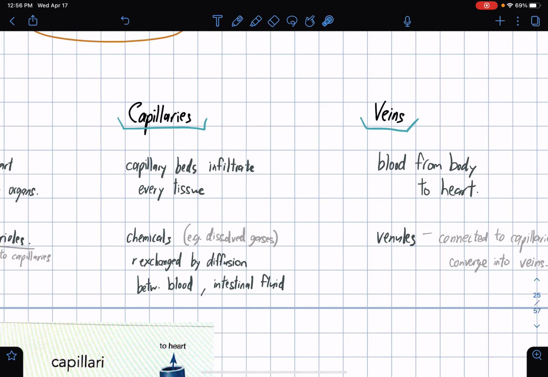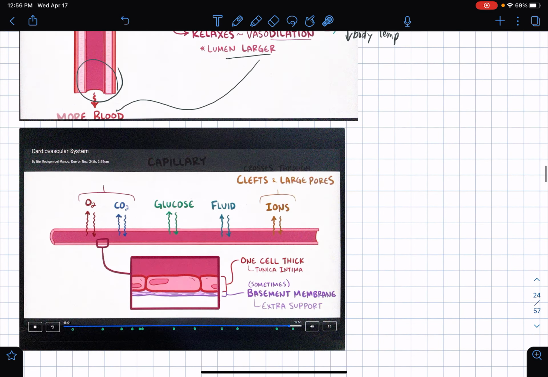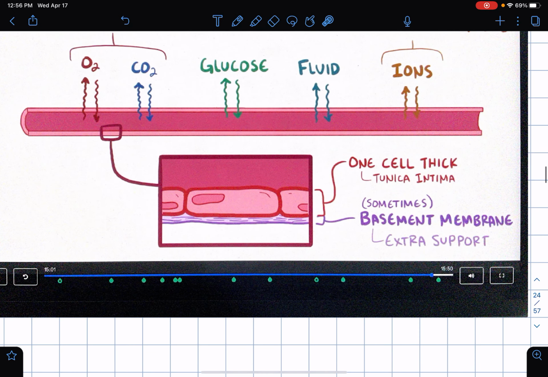Through capillaries, there is an exchange of oxygen and carbon dioxide, whenever we inhale and exhale, and an exchange of glucose. Glucose is our food, what we get from carbohydrates, from bread, from fiber, that our digestive enzymes are able to digest.